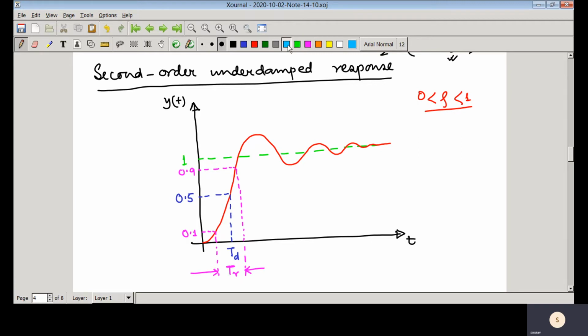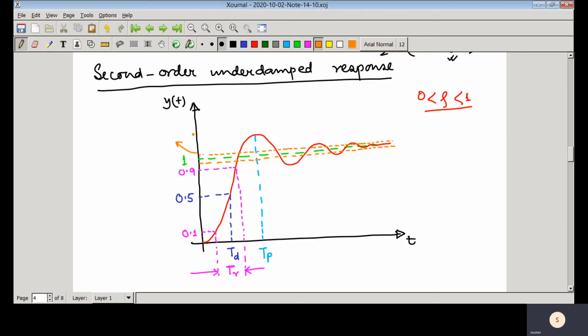Another one: suppose this is the time where the first peak appears, so suppose this time is TP. Now if we take a plus minus 2% band with respect to the final value, the final value is 1, so plus minus 2% band means here we have 0.98, and above it 1.02.